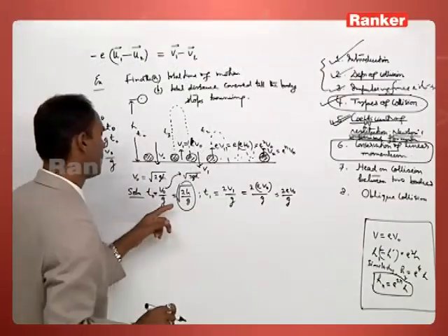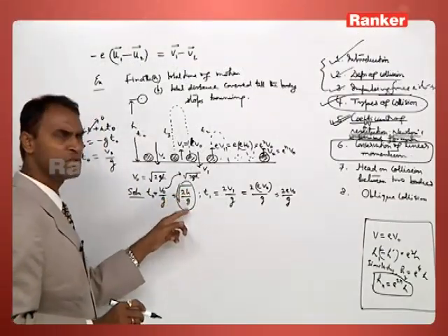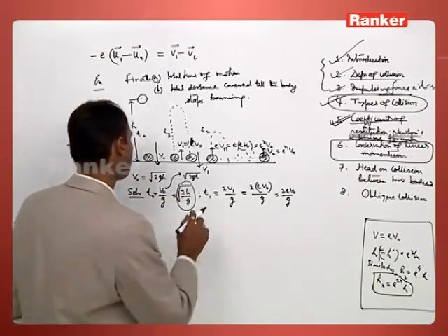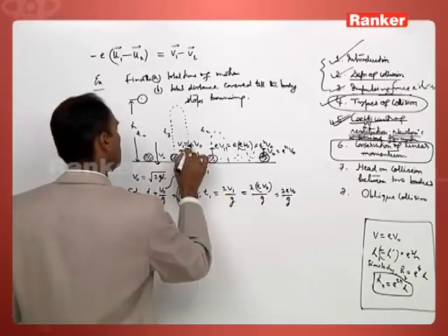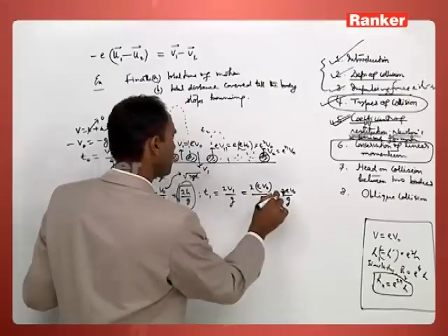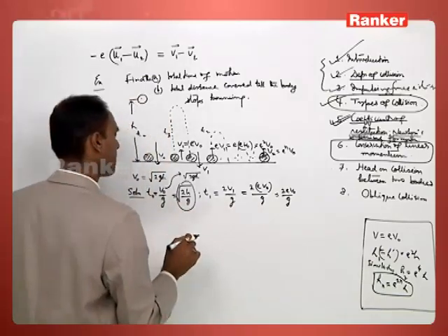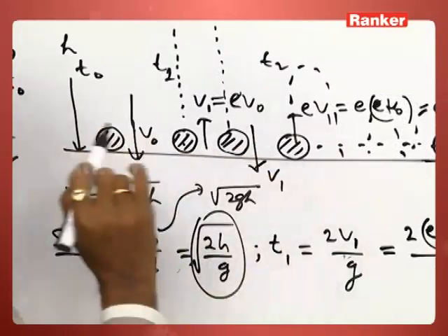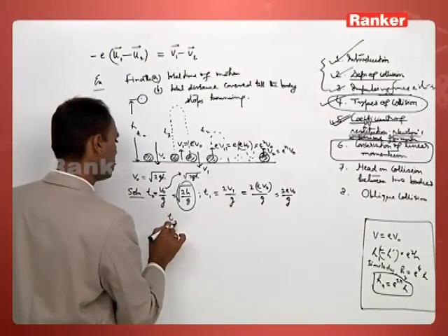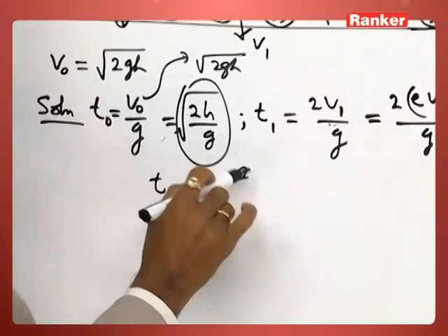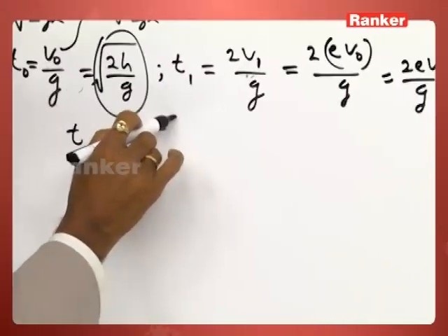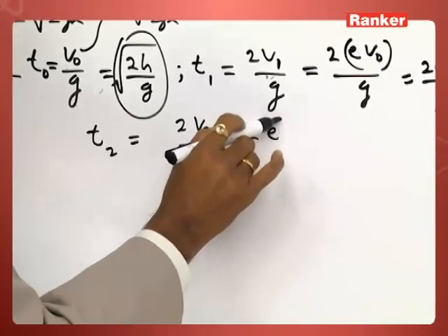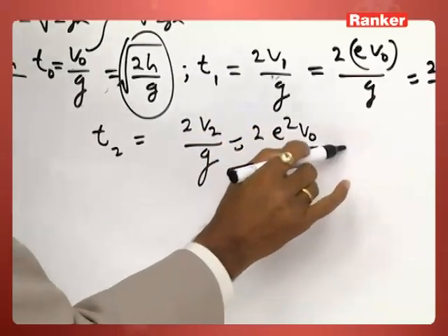Therefore, t0 can be written as square root of 2h upon g, or directly you can write h equal to half g t0 square. Well, next, t1 equal to 2e into v0 by g. The time interval between the second and the third collision will be equal to t2. That's equal to 2 v2 upon g, but v2 equal to e square into v0 upon g, and so on.